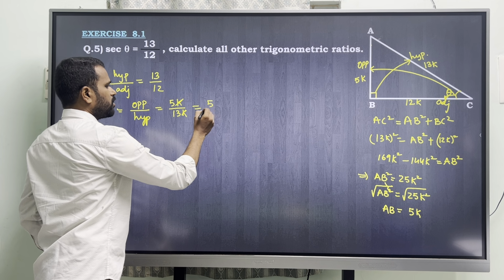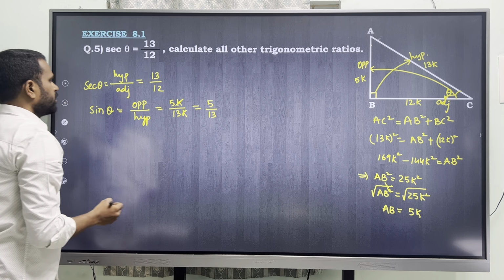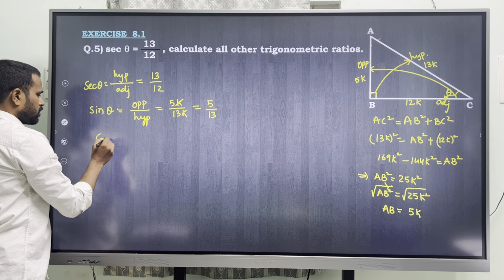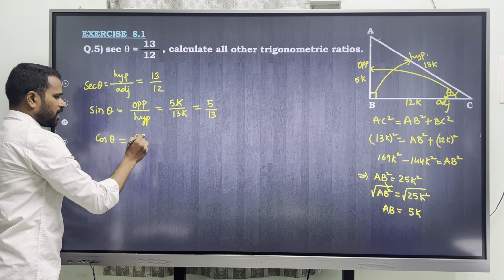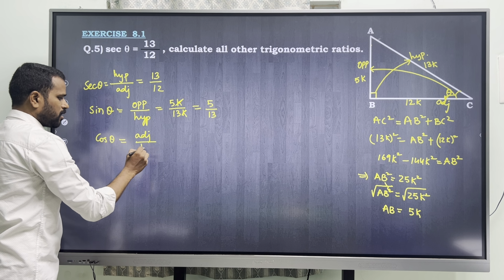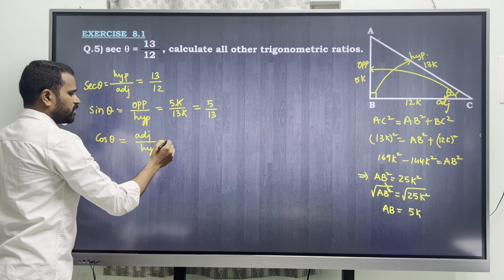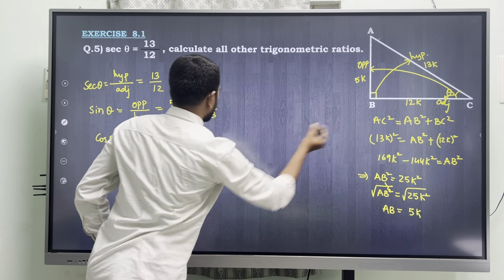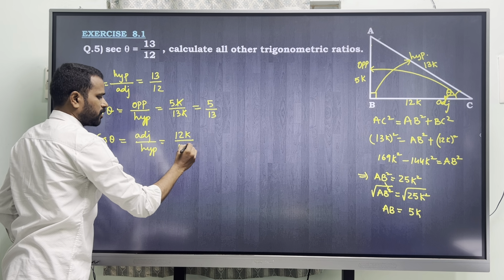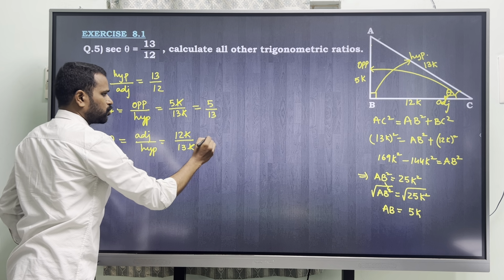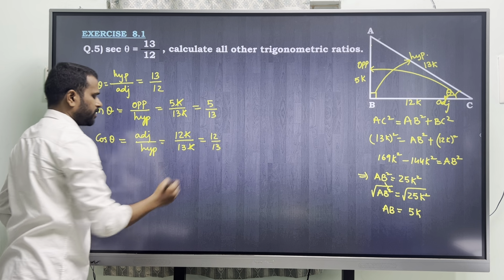So 5 upon 13. Next, what is cos theta? Cos theta is equal to adjacent side upon hypotenuse. What is the adjacent side? 12k upon 13k. 12 upon 13.